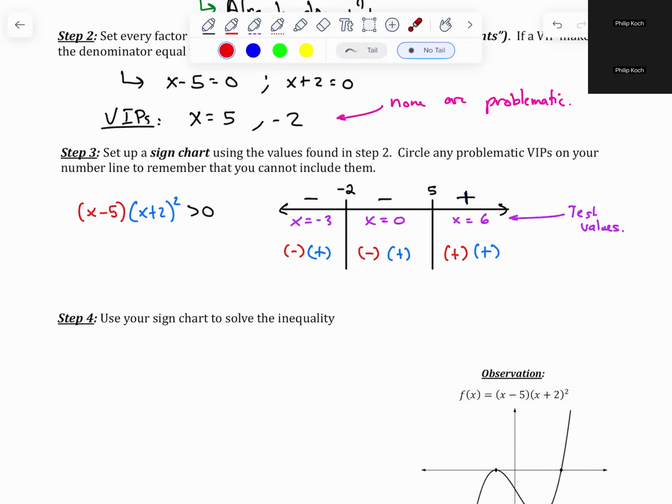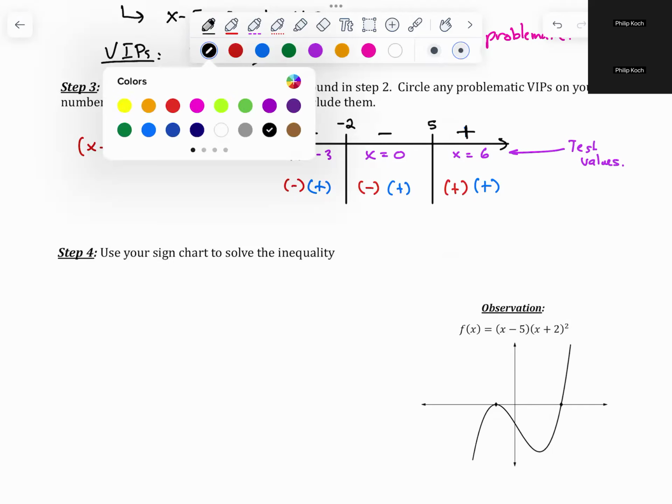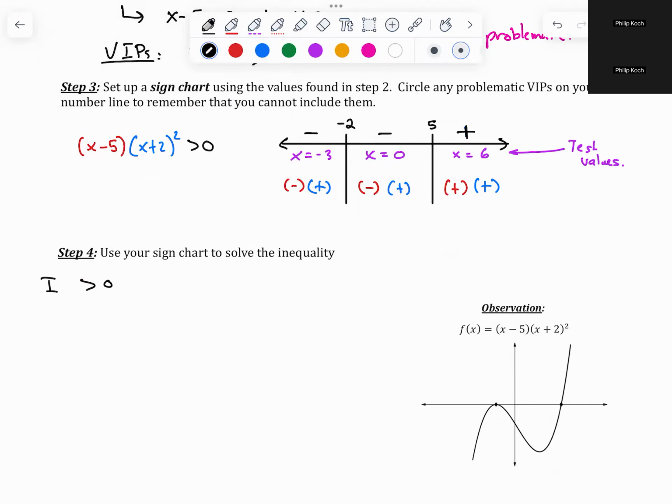So, if greater than 0, or greater than or equal to 0, choose the positive pieces.